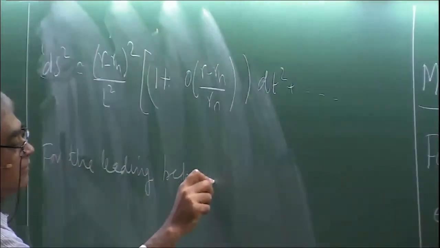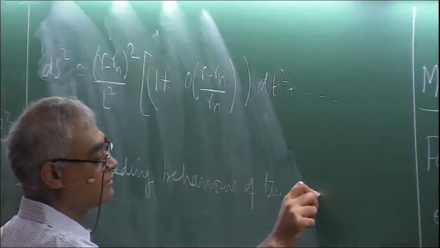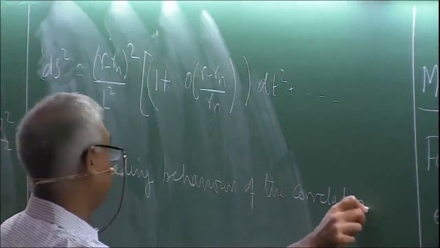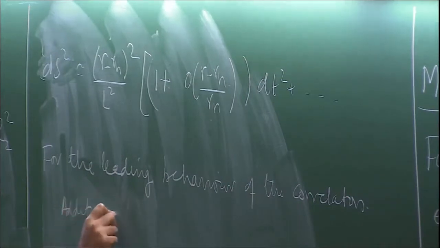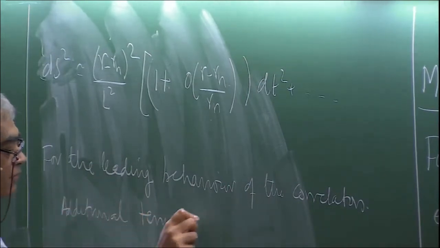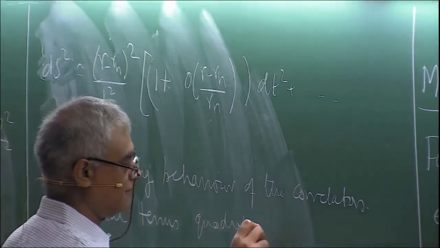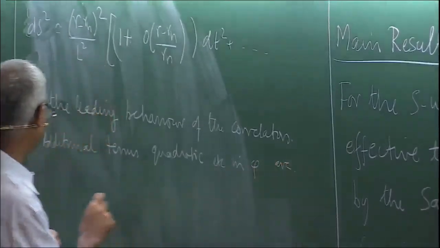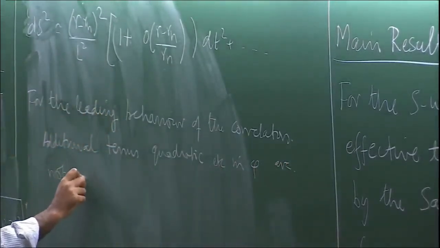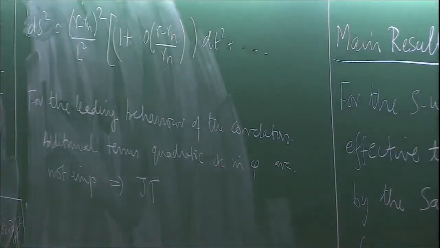Behavior of the correlators, additional terms, quadratic, and other powers, little phi, are not important. And the model really becomes the Jackiw-Teitelboim model of 2D gravity.